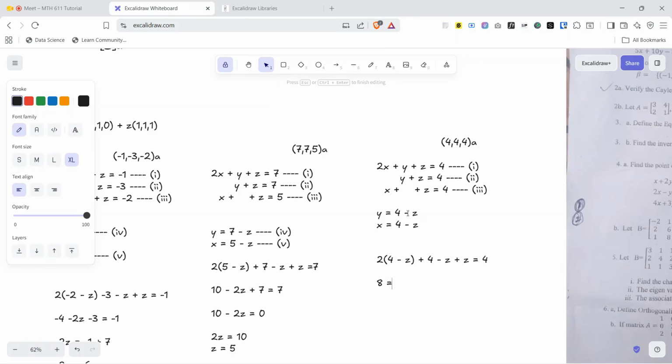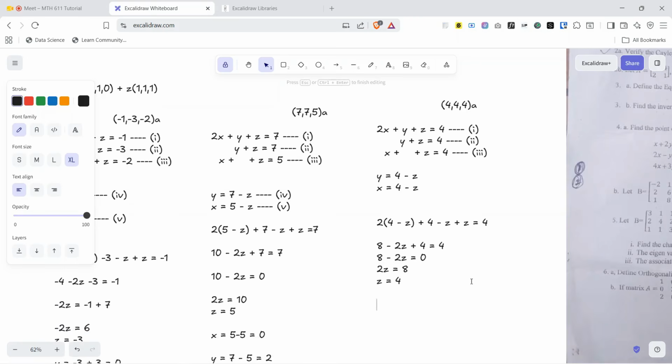This is 8 minus 2z plus 4 equals 4. So this becomes 0. So 8 minus 2z equals 0. So 2z equals 8, z equals 4. Yes, z equals 4.